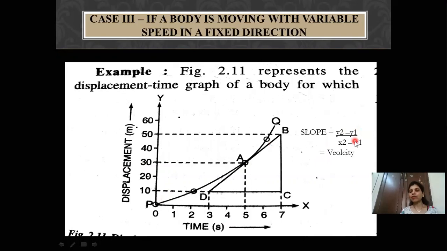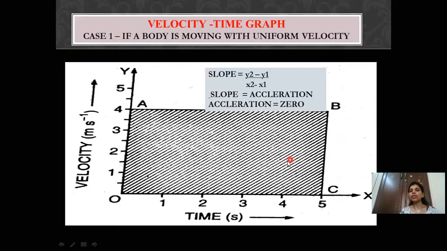Displacement upon time is giving us the value for velocity. Similarly over here, when we are using the formula y2 minus y1 upon x2 minus x1, you can see on y-axis the value is velocity and on x-axis the value is time. So when we are finding the value for velocity upon time, what are we finding? We are finding acceleration.